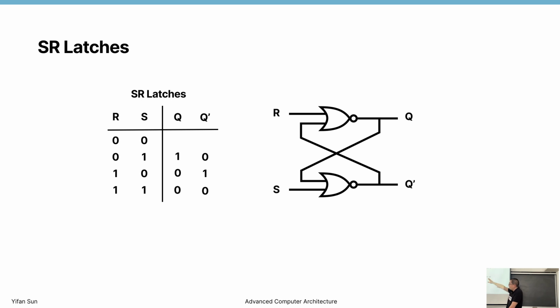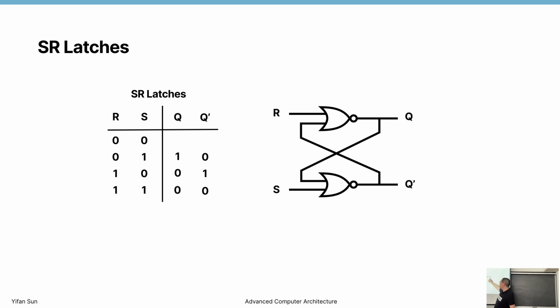Then the hard part is the first row. If both are 0, what should be the output? Let's try to analyze it a little bit. If R is 0, we don't know the state of this OR gate. It really depends on this Q prime. If Q prime is 1, then this OR gate is connected, and Q will be 0.